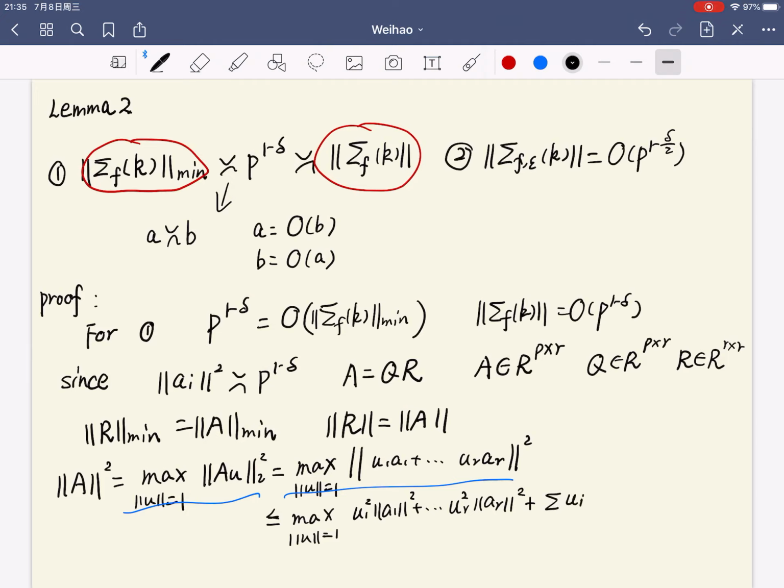Since there are some cross-product terms, we apply the Cauchy-Schwarz inequality, and we get this inequality sign.